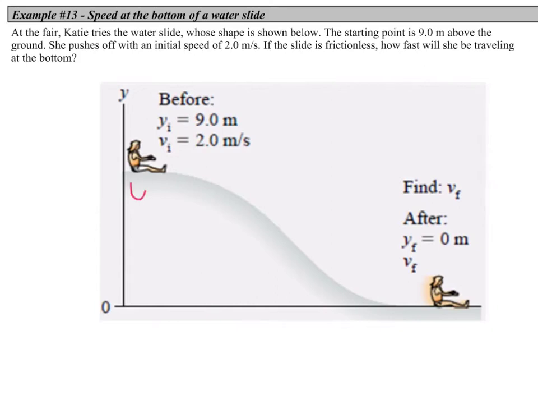Up here, she's got a gravitational potential energy, and she's got an initial velocity, which means she has some kinetic energy. Both of those are going to be changing as she comes to the bottom of the water slide. The gravitational potential energy is going to go to 0, and she's going to be left with only kinetic energy.